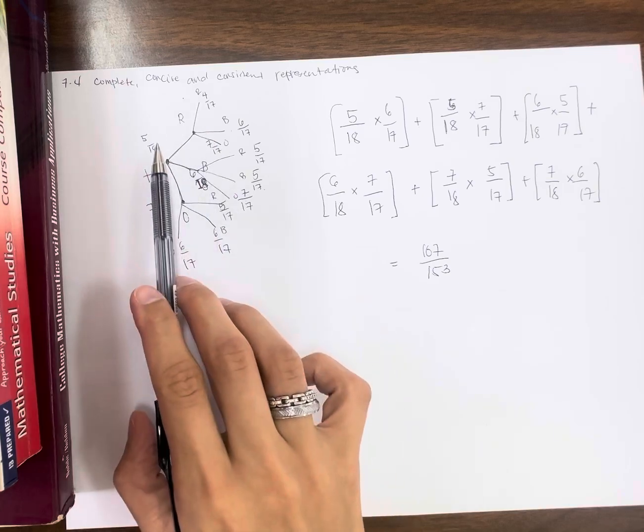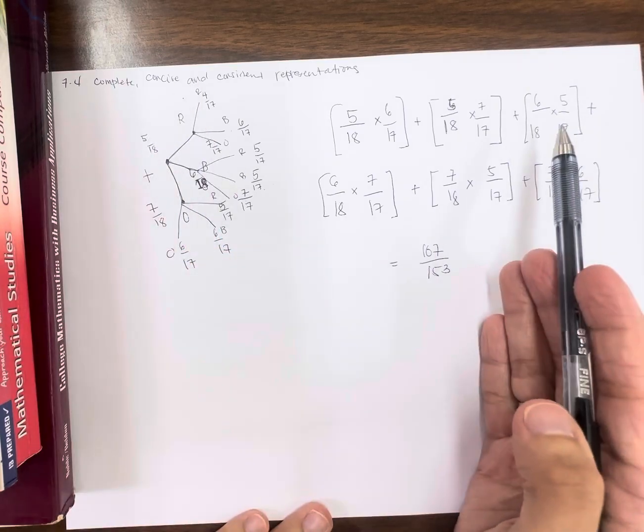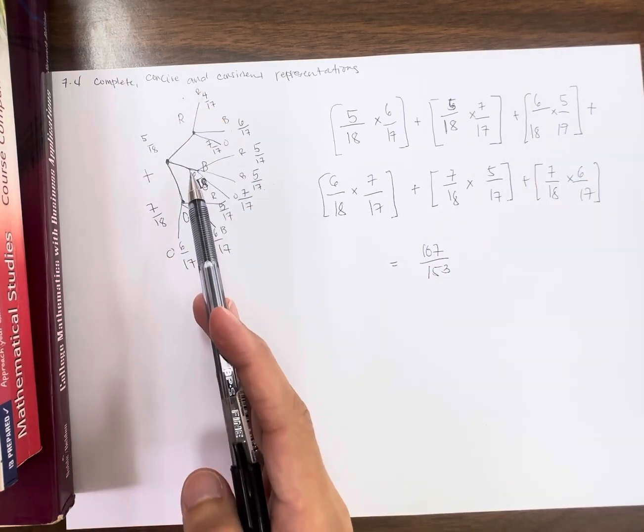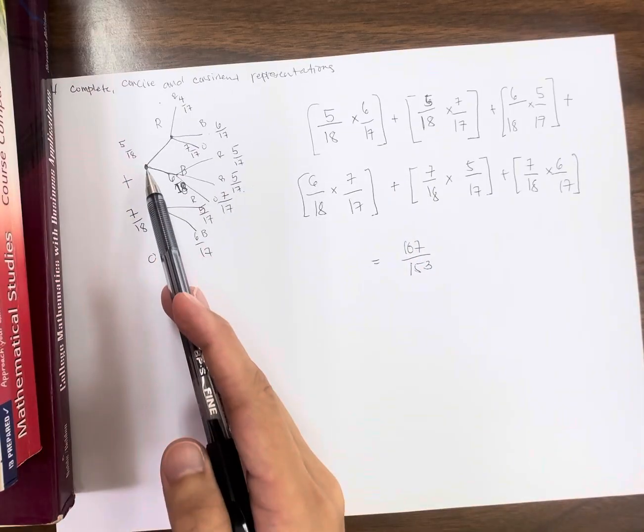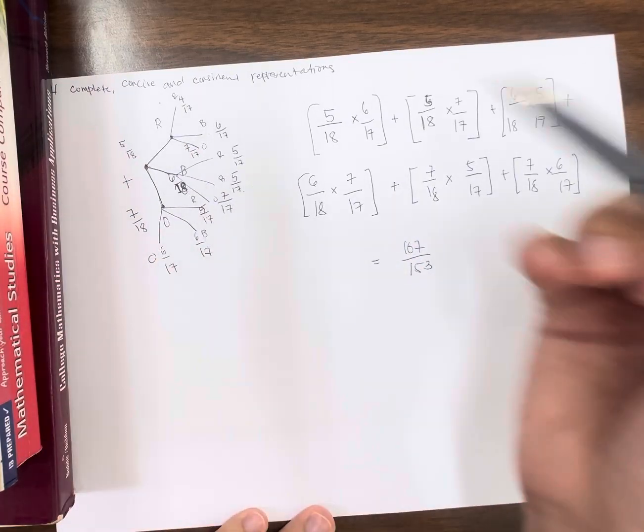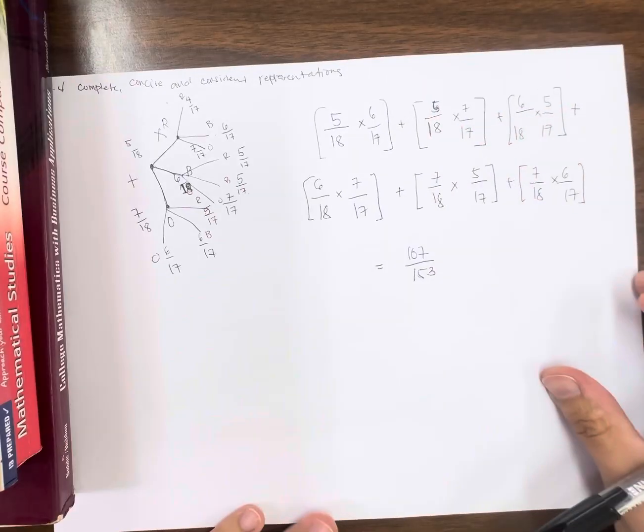Okay? But if you're going from left to right, if you're going from one segment to the next, from one vertex to another vertex, the relationship is you multiply them.